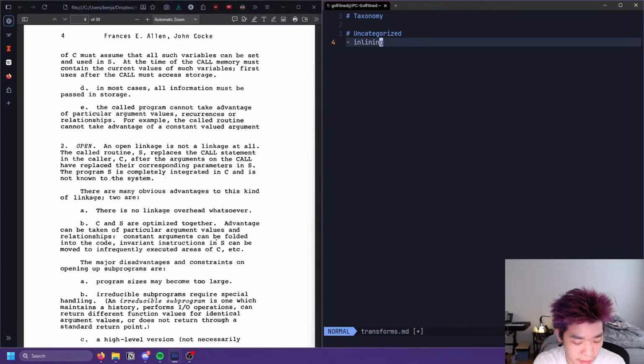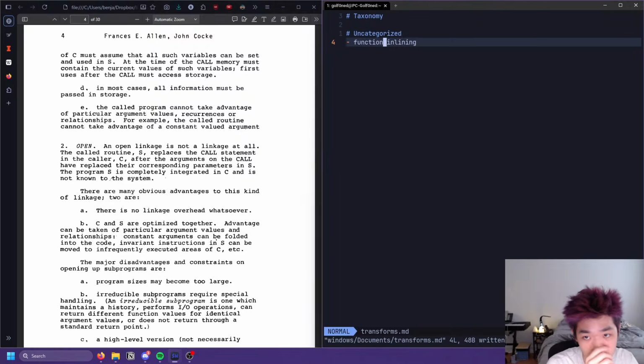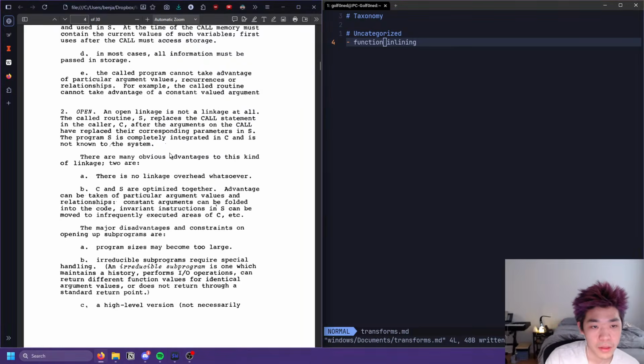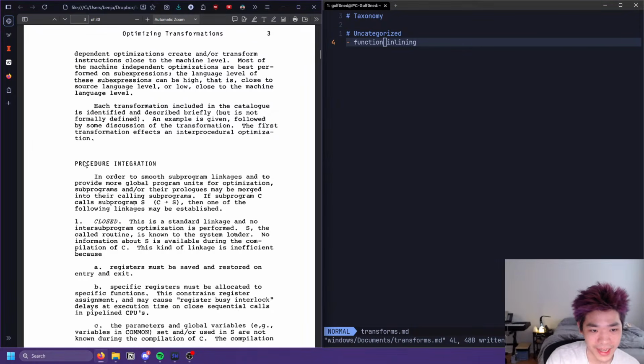Or a lot of optimizations are just inlining in disguise. Constant propagation is inlining in a sense. So we'll just call this function inlining. We'll figure out where to group it once a group shows up. Okay. So this is just talking about, I guess procedure integration necessarily means inlining, the more I think about it. So it kind of makes sense.